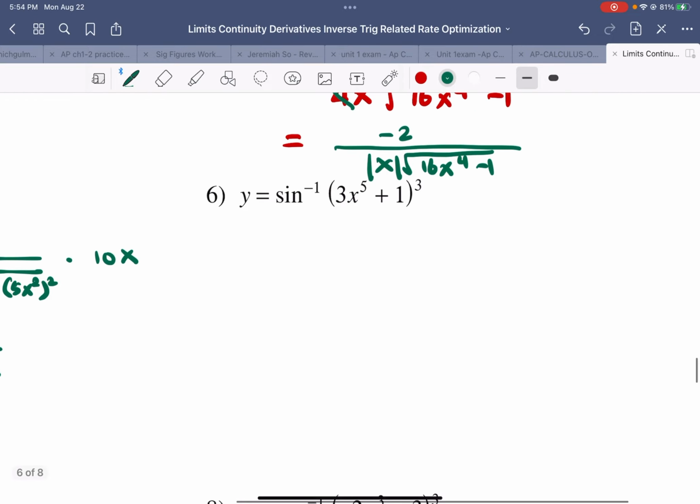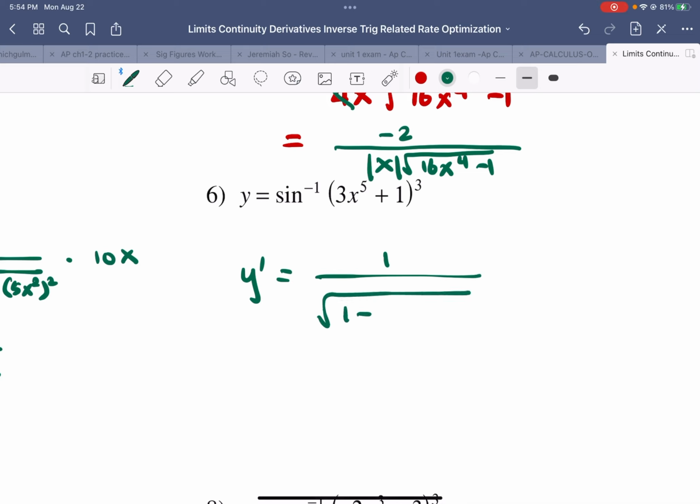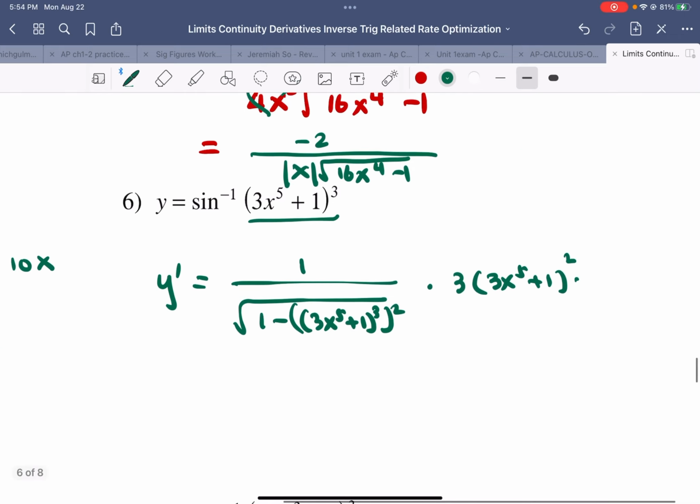Now number 6. The inverse sine derivative is 1 over the square root of 1 minus 3x to the fifth plus 1 cubed, that one squared, times the derivative inside by the chain rule. So then 3 times 3x to the fifth plus 1 squared, times the chain rule again on the inside, 15x to the fourth power.